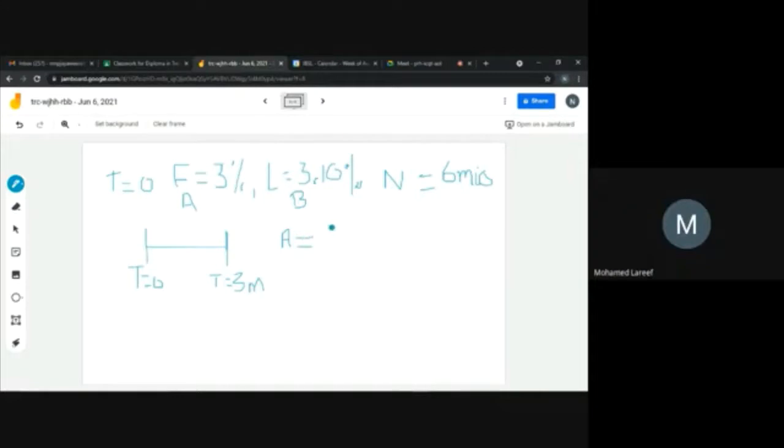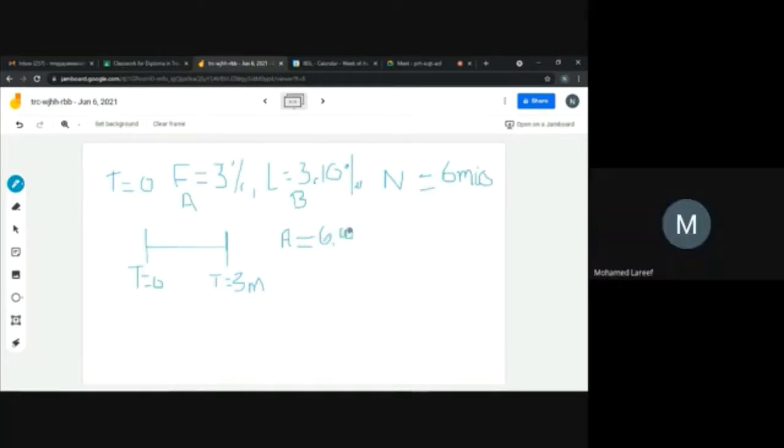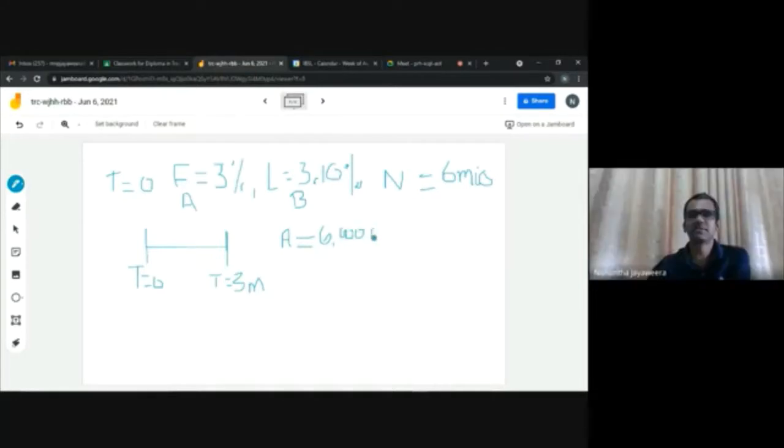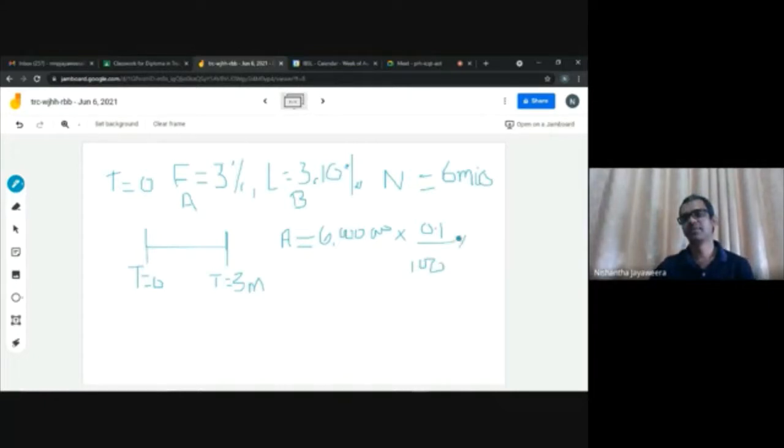On 6 million, yes, on 6 million, the difference is 0.1%. And this is for 1 year. But the period is only 3 months.